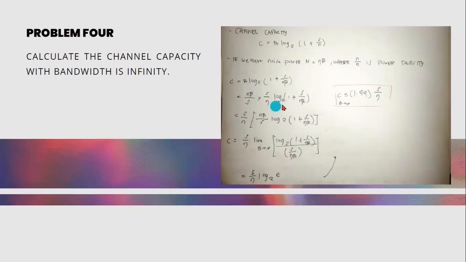And then, if we try to calculate it, we need to place the S over N to the outside, which is S over N theta, equal to N over S log base 2 of 1 plus S over N B.